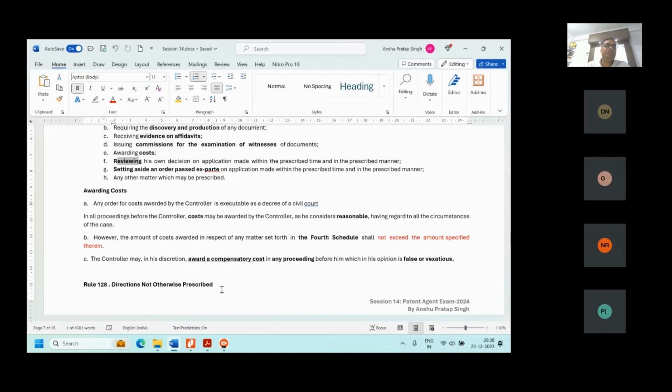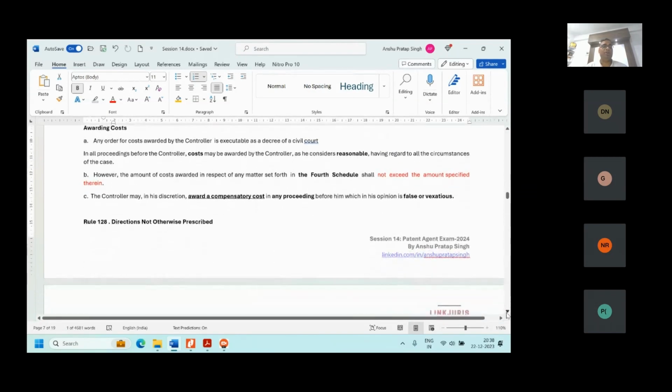So you can always go for setting aside because of some reason you could not attend, and that reason was unavoidable. So again, same thing, you have to give an application within 1 month from the order, and you can get it extended for 1 more month, and the same review procedure will be here. All that which I have discussed in review will be followed, and if he finds that what you are saying is fine, he will set aside that order and go back to the hearing phase and decide accordingly. Okay, so this is the setting aside of an order.